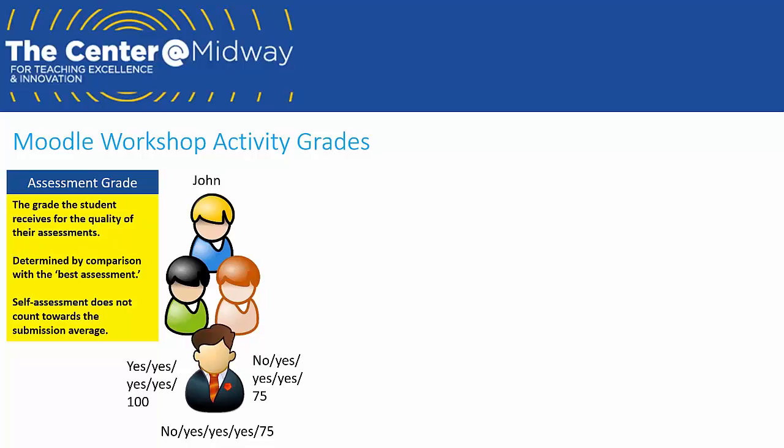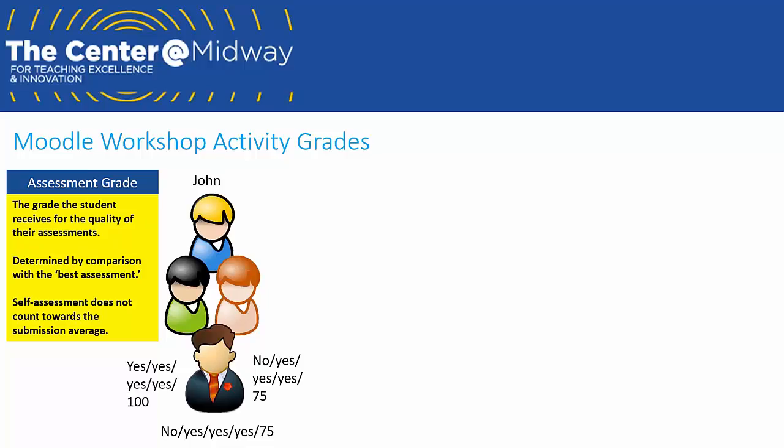And how is that going to be done? The assessment grade is determined by a comparison with what the computer determines to be the best assessment. And how does the computer determine what is the best assessment? It looks at all the assessments that are given, and it tries to figure out what is the most commonly given assessment.